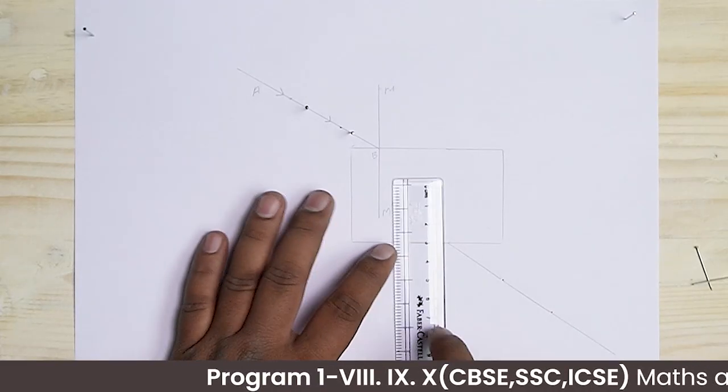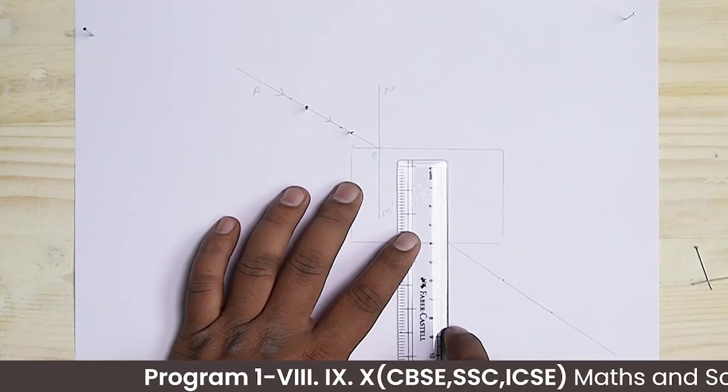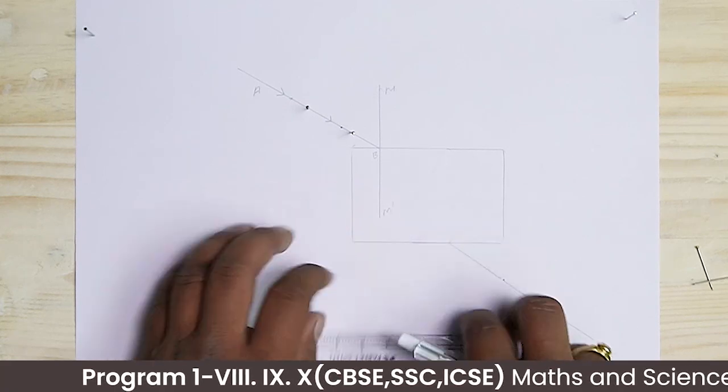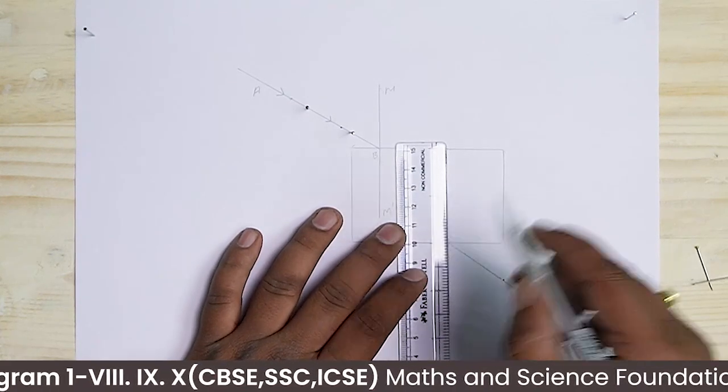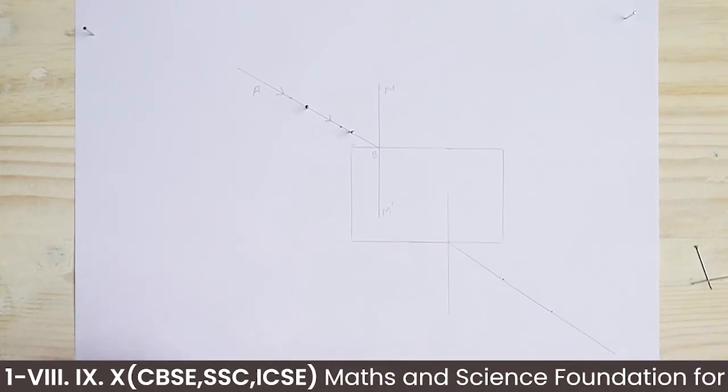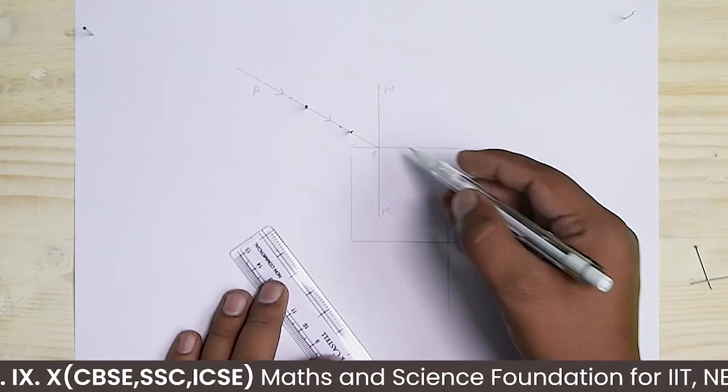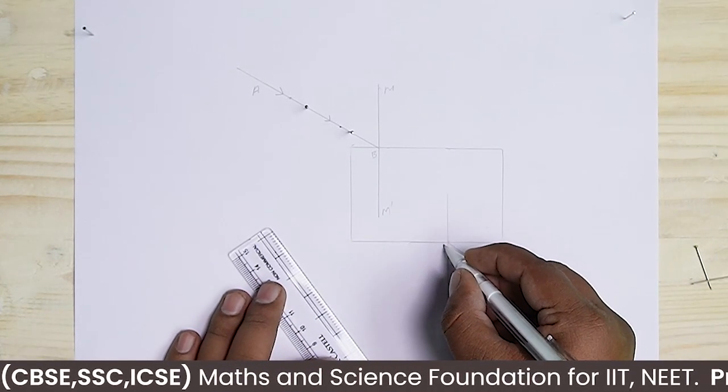At the point of contact, draw the normal. Connect the point B and point C.